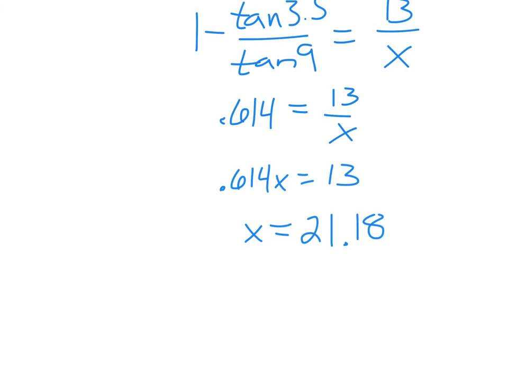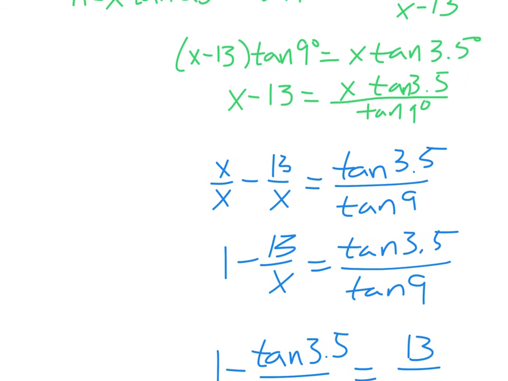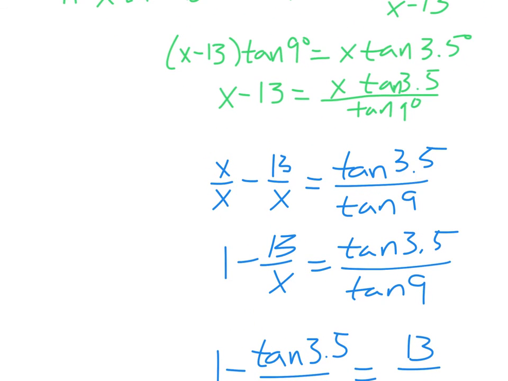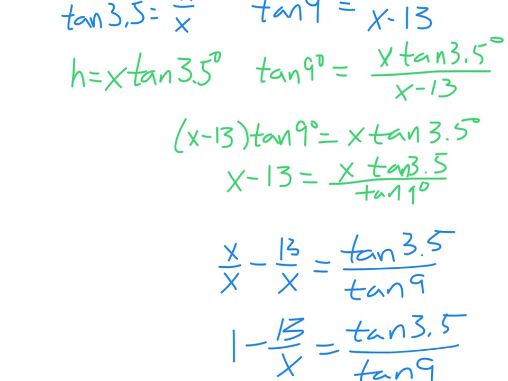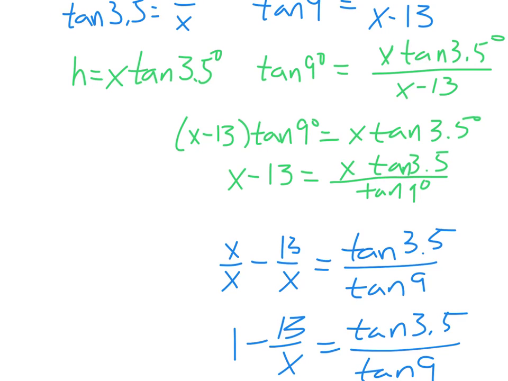Again, I always leave it in my calculator to be as accurate as possible. Same thing as the other problem. Be careful because that's not what we're asked for. We're not asked for how far away the mountain is. We want to know how high the mountain is, right? And so then, this was our height, so x times tangent of 3.5.